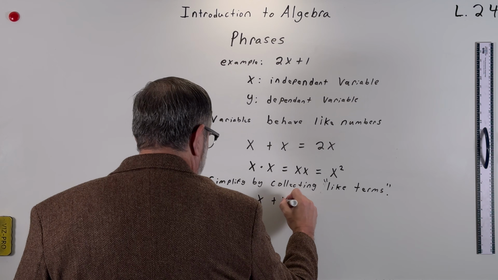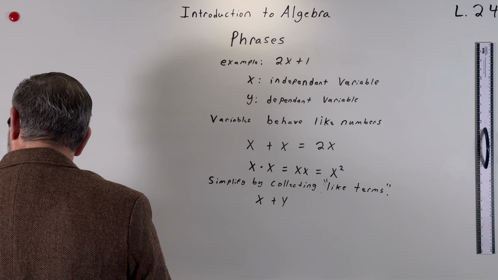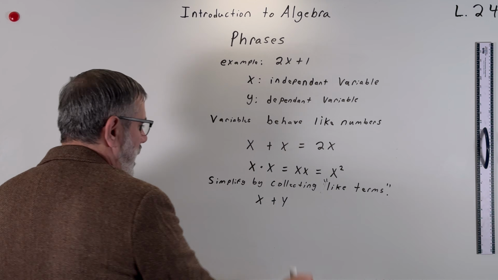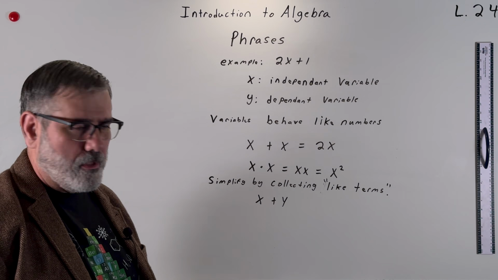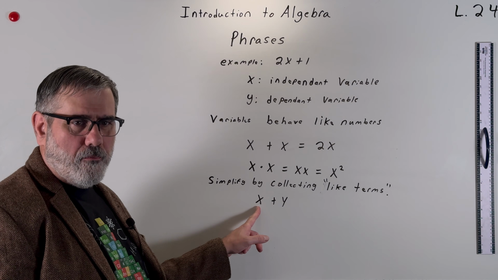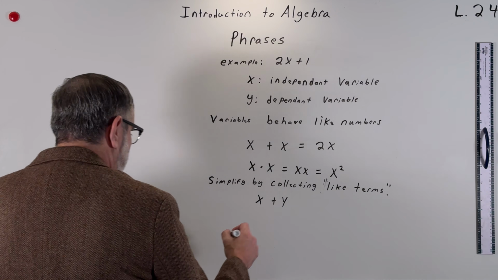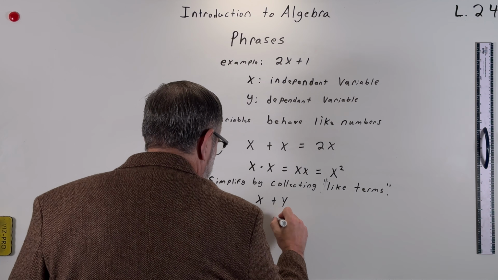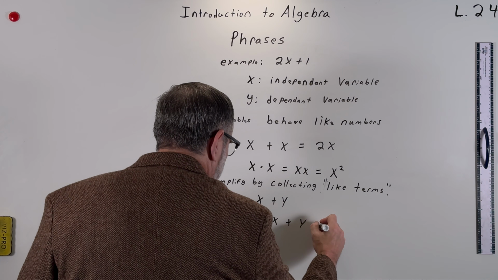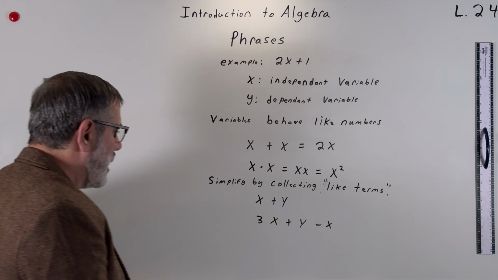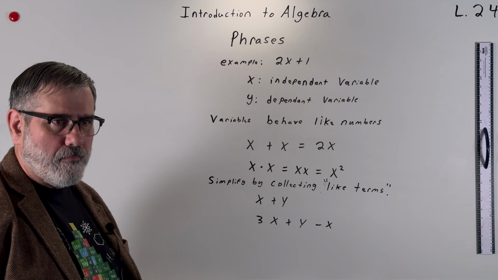If I wrote down the expression x plus y, there's really nothing we can do here. x and y are not like terms. They are different terms. This is the variable x, and this is the variable y. However, if I had 3x plus y minus x, I could simplify this.